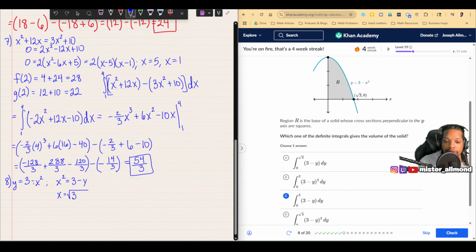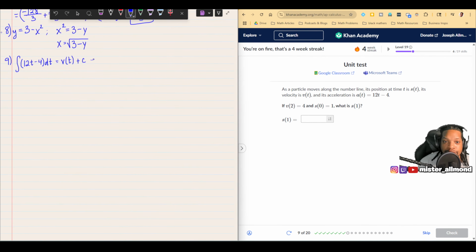Yeah. So we know that the integral of acceleration is velocity plus c. Okay. And I can integrate that relatively easy. That should just be equal to 6t squared minus 4t plus c. That is my velocity.